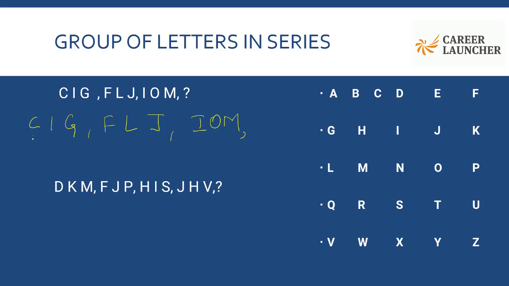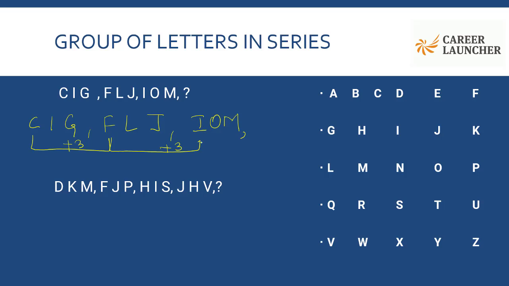Now the first alphabet, C to F, is like +3. We have moved 3 places ahead. And then F to I. So the first alphabet of each element in the series is found out by moving 3 places ahead.